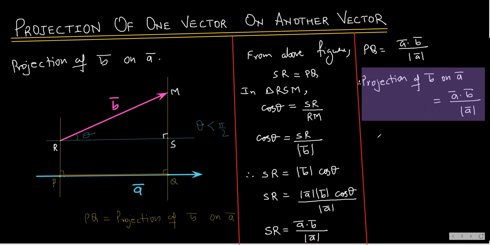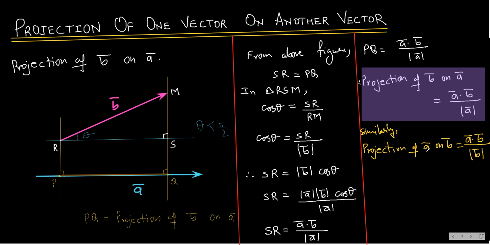If you are finding, similarly, that derivation we are not doing, but it could be on the same line. Similarly, projection of A bar on B bar. Remember, if it is A bar on B bar, then the denominator will be mod B bar and the numerator will remain the same, that is A bar dot B bar.